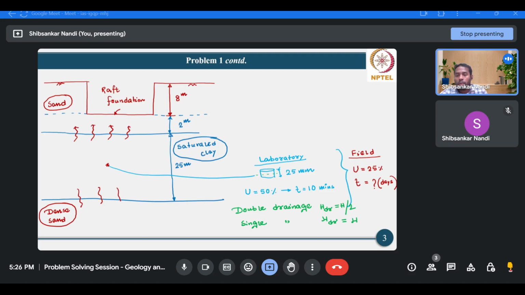So therefore, your drainage path distance will be half of the thickness. This is your HDR, and similarly this is also your HDR.